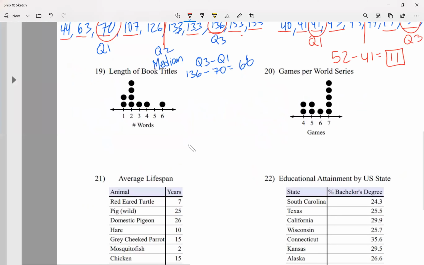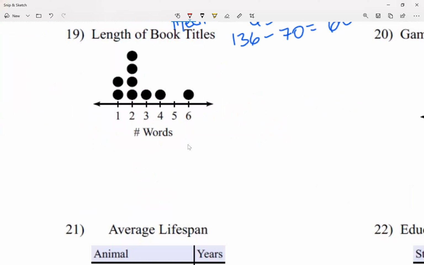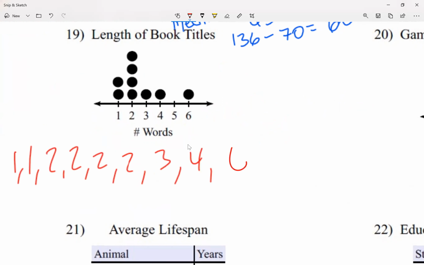Let's take a look at question number 19. Let me list my numbers from small to large. So I have 1, 1, 2, 2, 2, 2, 3, 4, and 6. All right, so let me find the little line in the center.